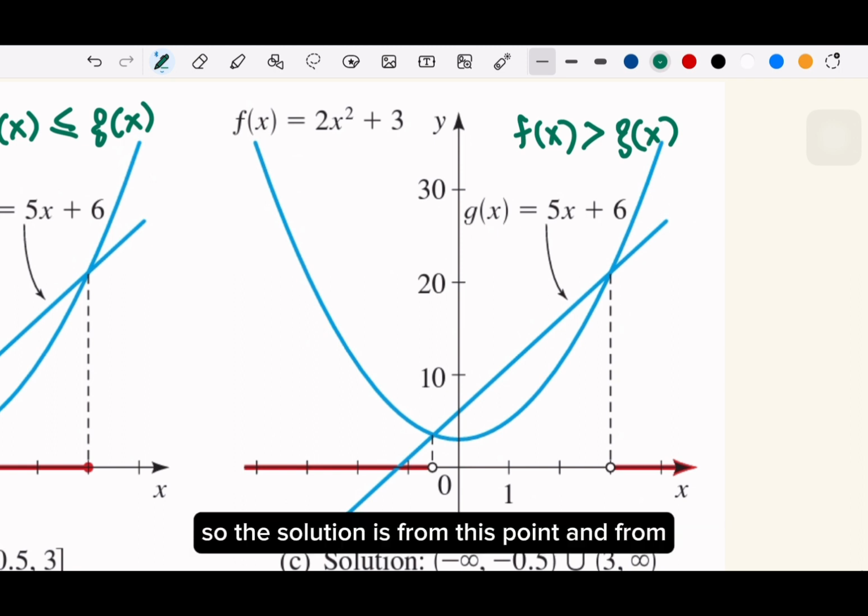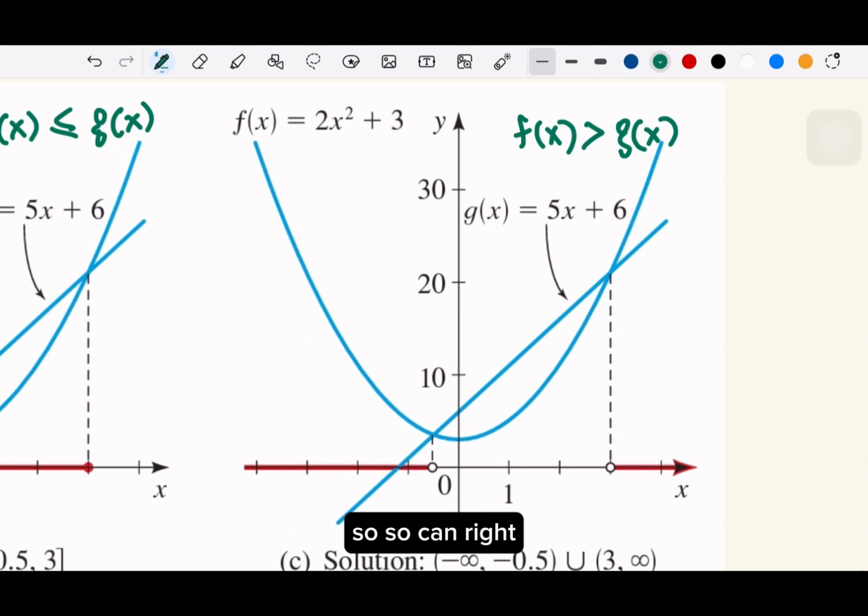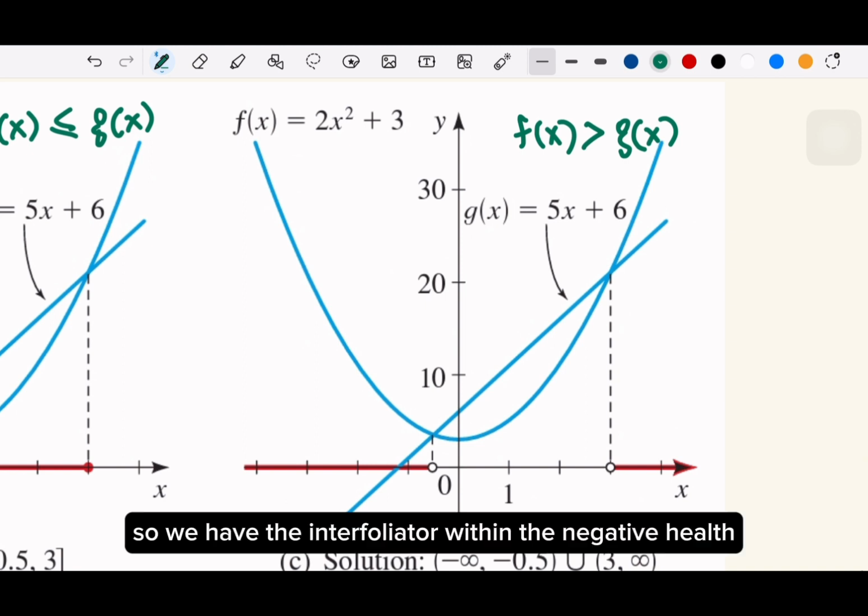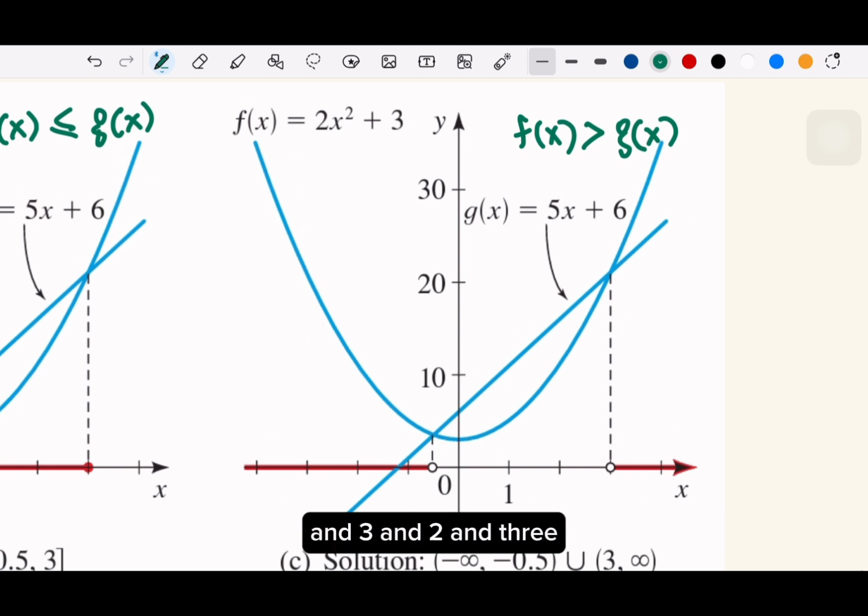So the solution is from negative infinity up to this point, and from this point to infinity. We write it excluding the endpoints because we are not equaling these two. So we have the interval negative infinity to negative half, and 3 to infinity.